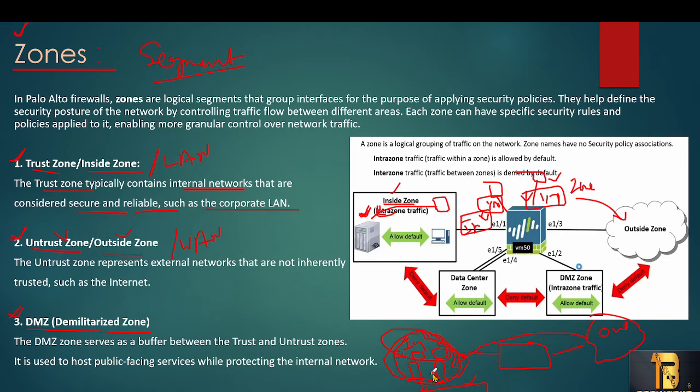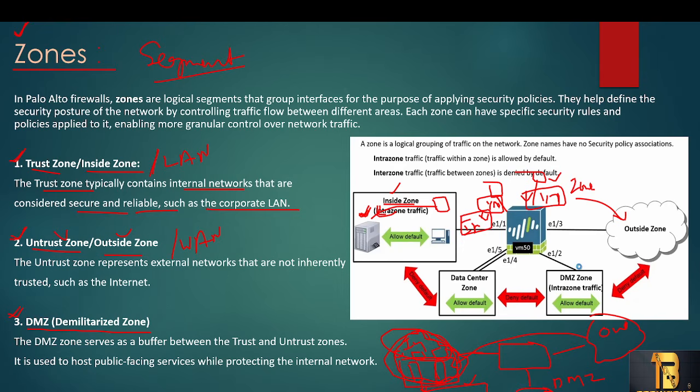To avoid that situation, we need to separate these servers which are publicly faced. For that we are creating one more zone, called the DMZ zone. In this DMZ zone we are segregating and keeping the servers which are publicly faced.